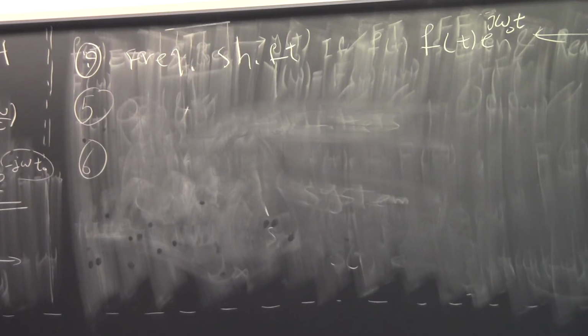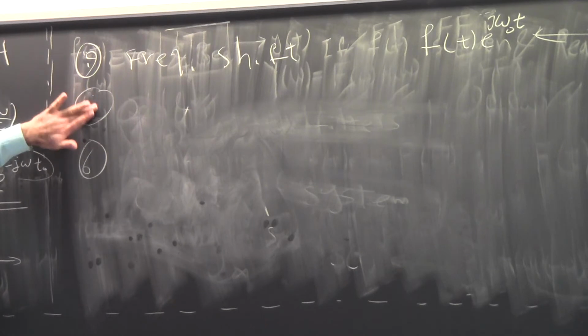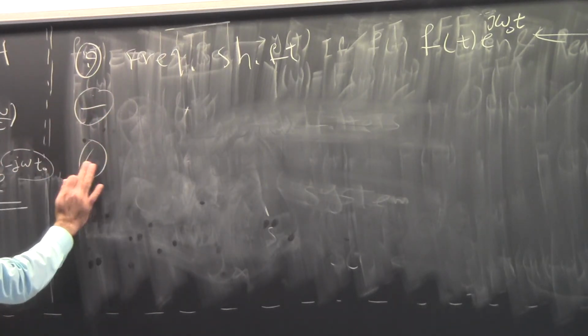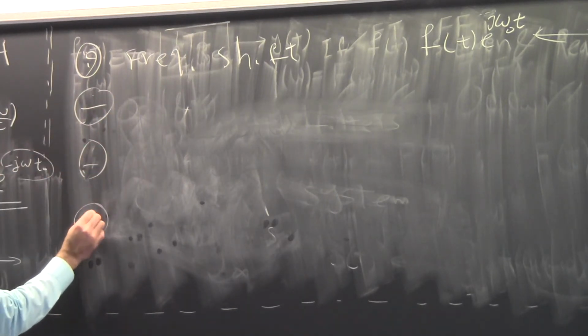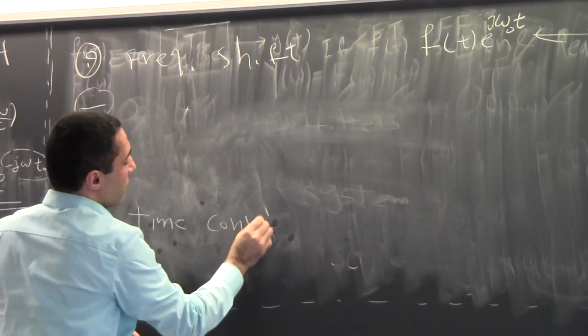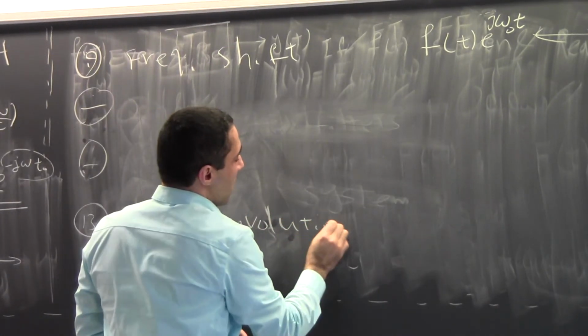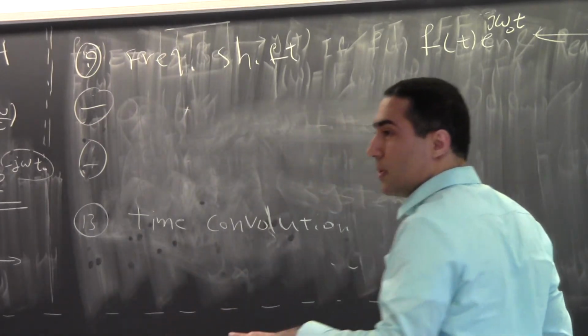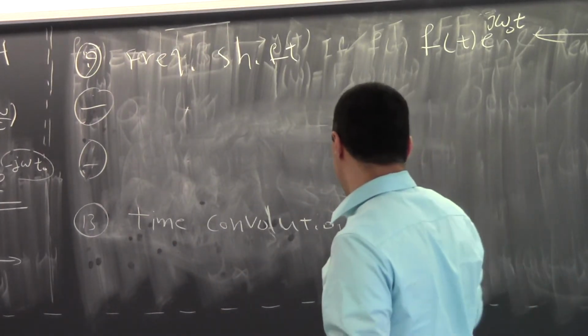And it's organized. There's one thing I probably should write, and it's convolution. It's number 13, which talks about convolution. I leave this empty for you, time convolution, which you know now, right?